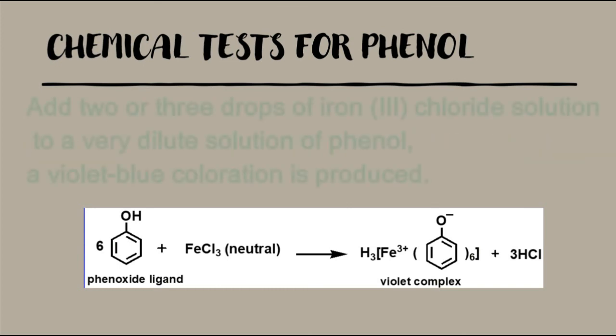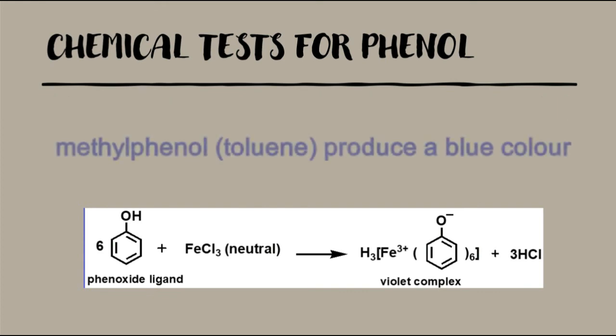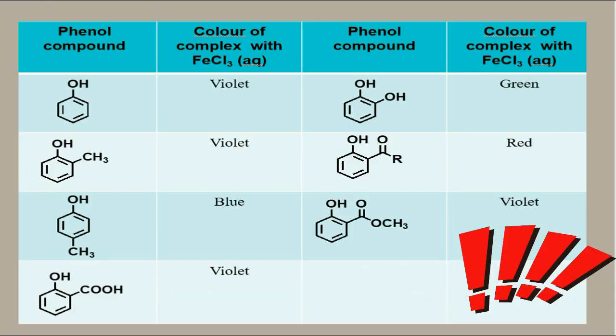When 2 or 3 drops of iron trichloride solution are added to a very dilute solution of phenol, a violet-blue coloration is produced. Methylphenol, or as we know it, cresol, produces a blue color. Next, you can refer to the color of the complex with iron trichloride when reacting with phenol compounds in this table.